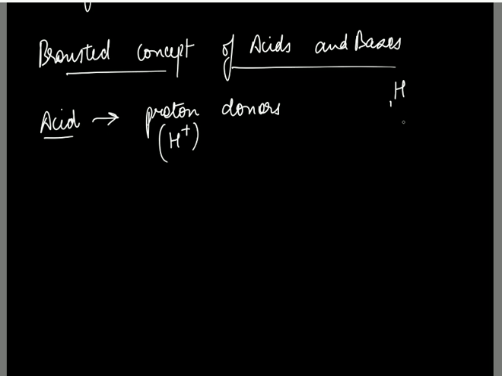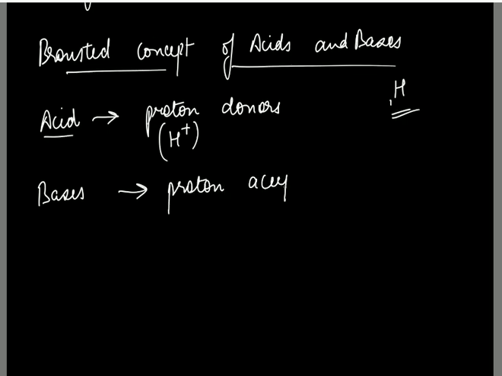If you remove its one electron, the only thing left inside that hydrogen atom is a proton. So the H plus ion is technically a proton. So acids are proton donors to some other substance, right? Then bases are the opposite of this: proton acceptors.